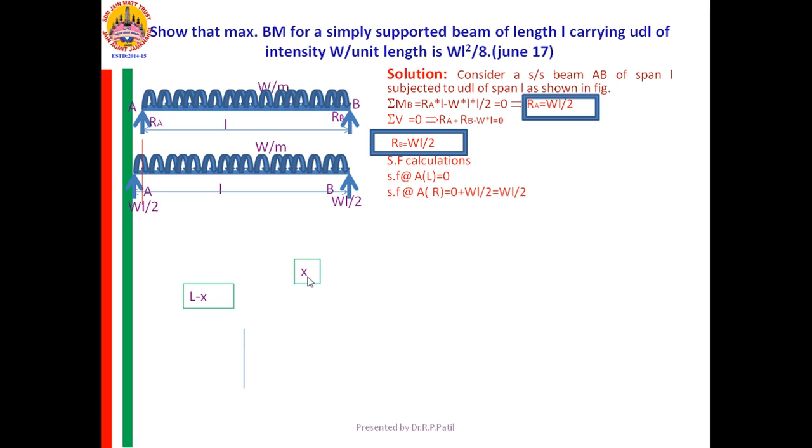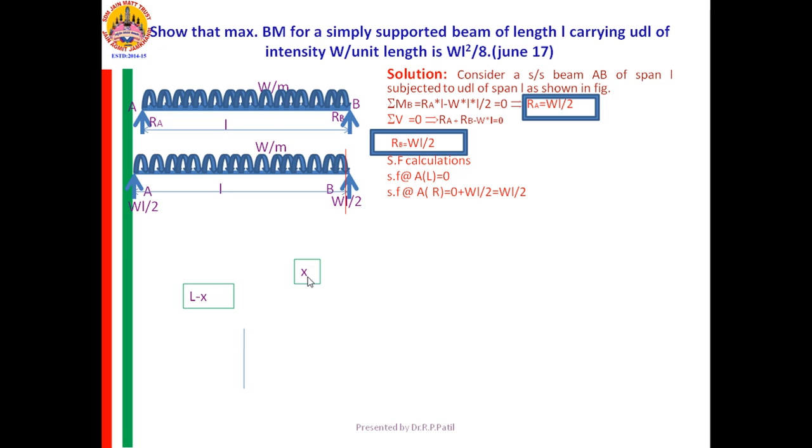From there, I am going for SF at left of B. The same procedure I am adopting, till right of A, WL by 2. What is new that I need to see? In the part AB, it is W into L. How is it acting? It is acting in the downward direction.